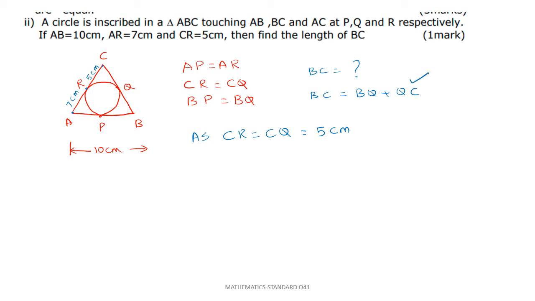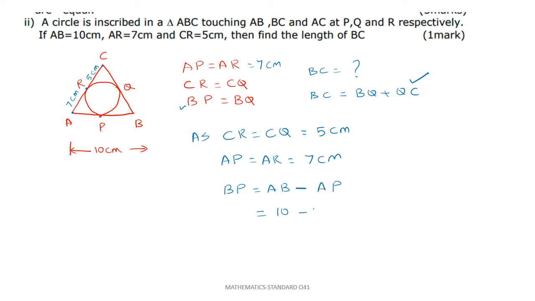So we know that. Now what is BQ? BQ is equal to BP. So what will be BP? We should go in a reverse way. What is AP? AP equals AR, which is 7 centimeter. So what will be BP? AB minus AP.